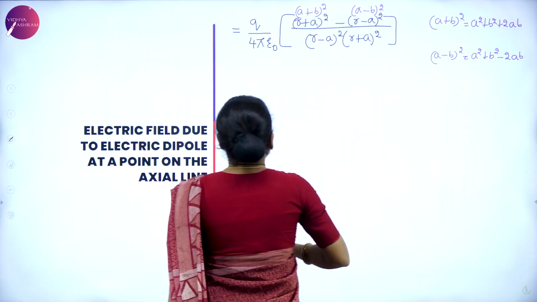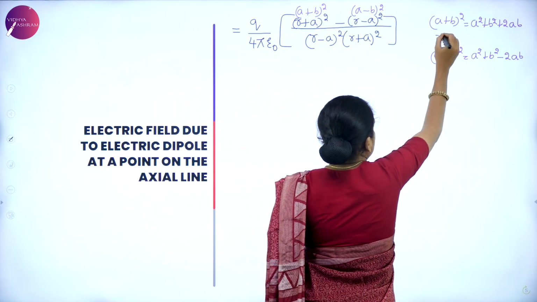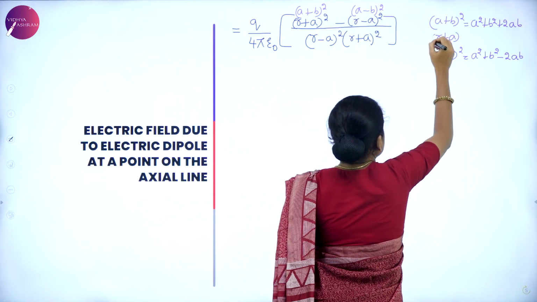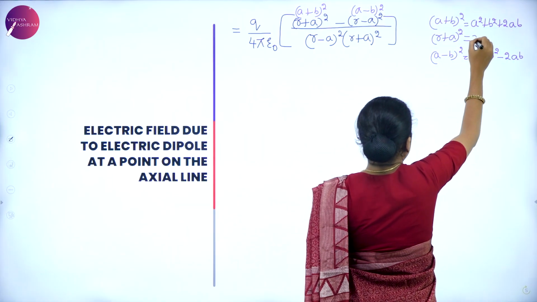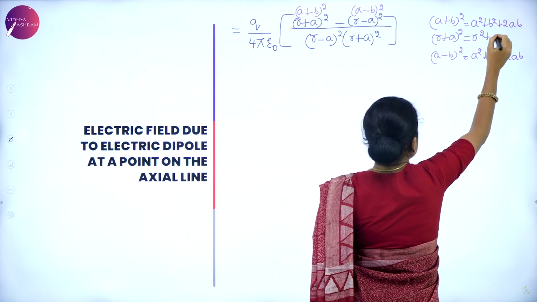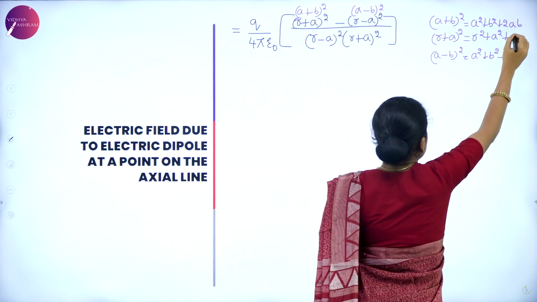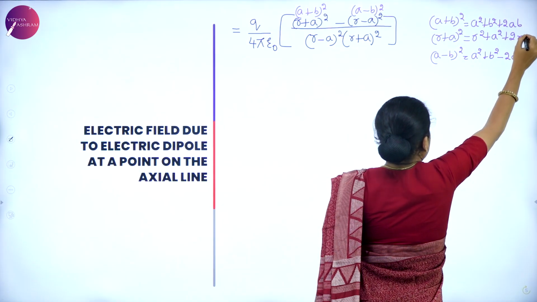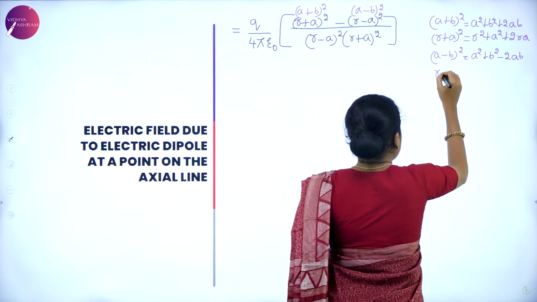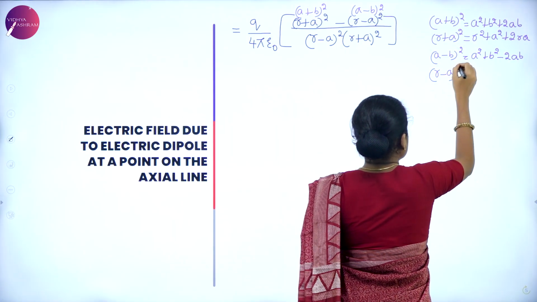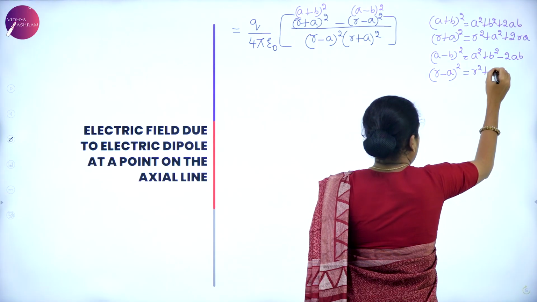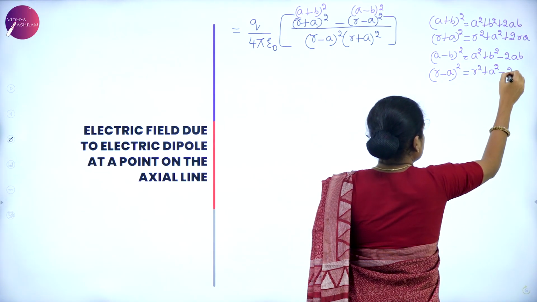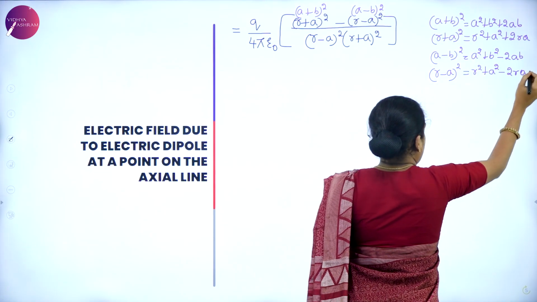Same way, let us expand (R plus A) whole square as it is in the form of (A plus B) whole square. So then we get R square plus A square plus 2RA, and (R minus A) whole square expansion is R square plus A square minus 2RA.